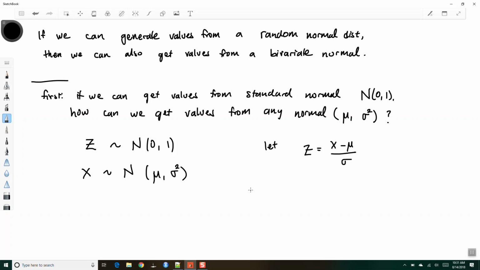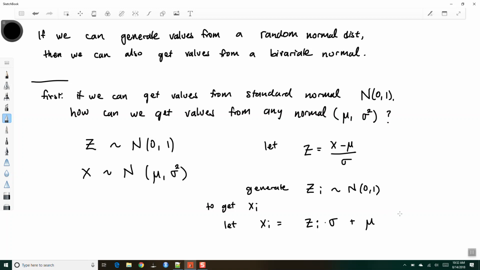Okay, so then we will generate z sub i from normal 0, 1. So we'll assume that we can do this. And then to get x sub i's, let x sub i equal z sub i times sigma plus mu.